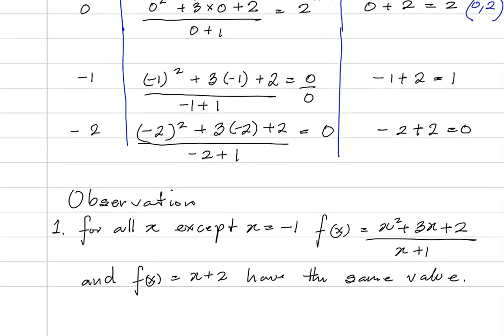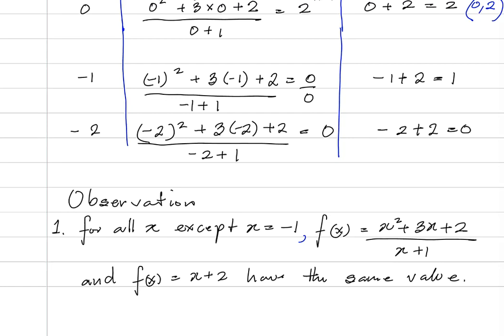So far, what we observe is that for all x except x equal to minus 1, f of x, which is x squared plus 3x plus 2 divided by x plus 1, and x plus 2 have the same value. We started with x equal to 4, and we went down to x equal to minus 2.